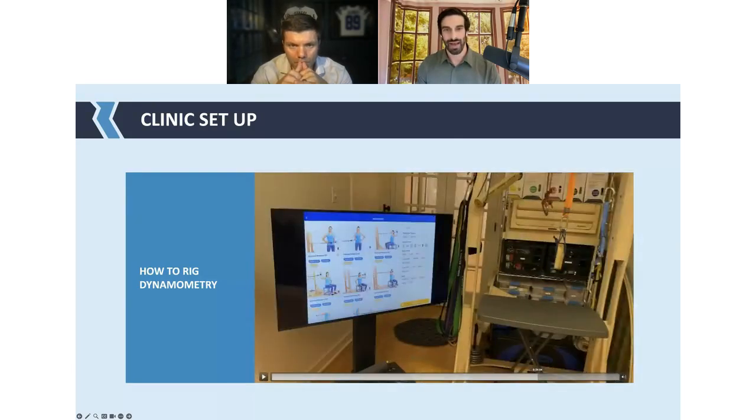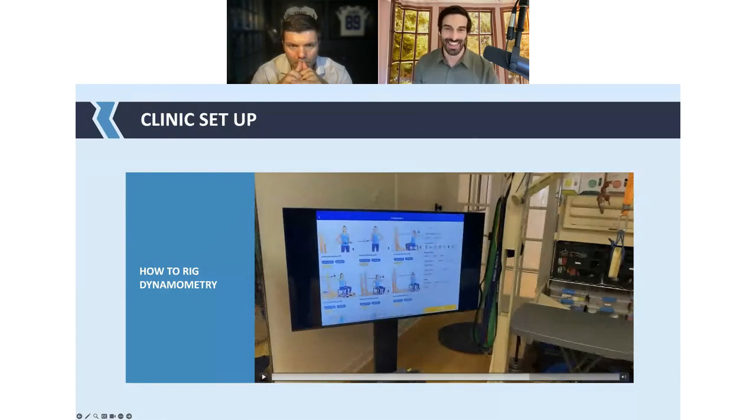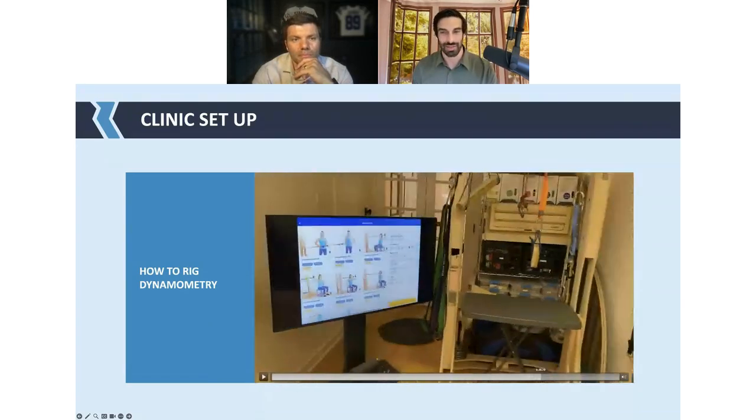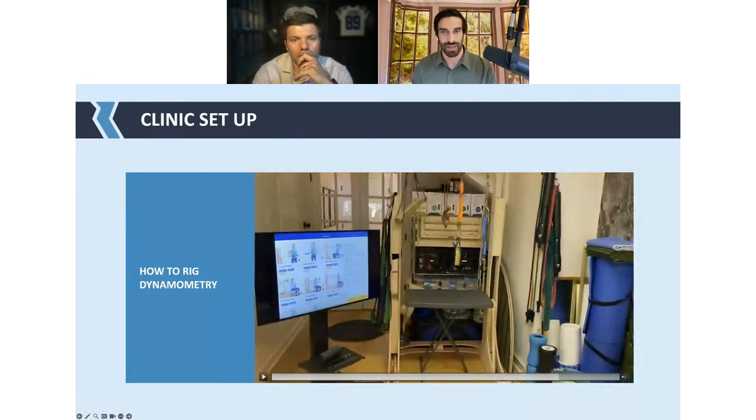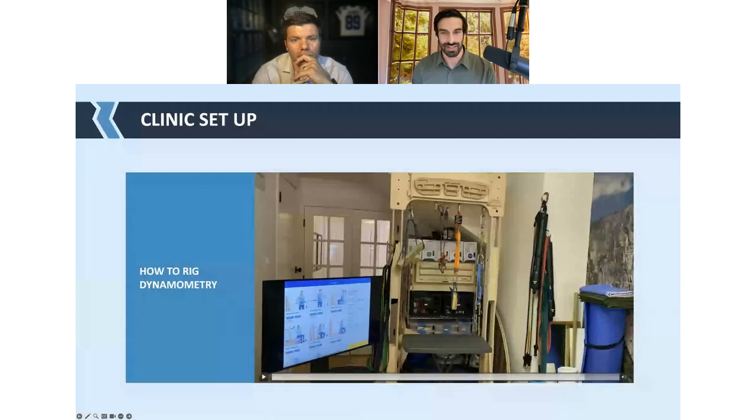And if you have that, then I connect it to a TV through AirPlay. And I spin the TV around when they're doing the test, but then I obviously spin it towards them to show them. And so that's kind of the full-on setup of what things look like clinic-wise.